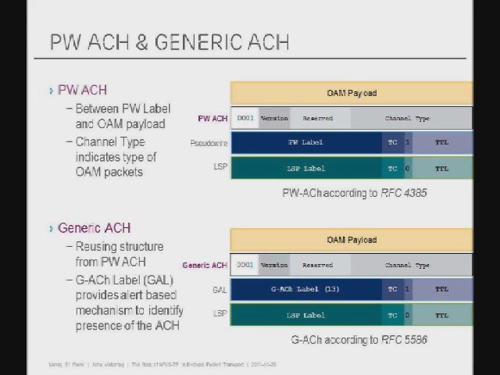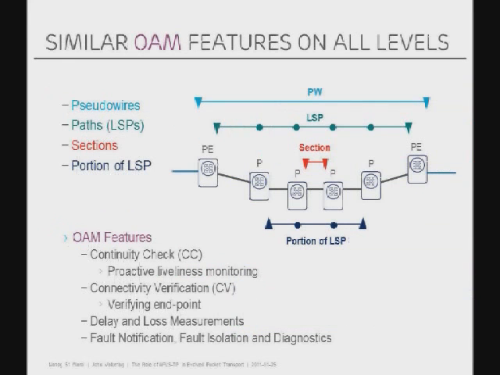And the control plane will detect that it is an OAM payload packet and will process it accordingly. So as long as the LSP label is not being popped, the GAL will not be exposed, and therefore the OAM traffic will not be exposed to the control plane of the nodes that it's passing through.